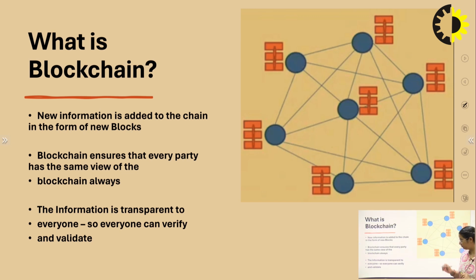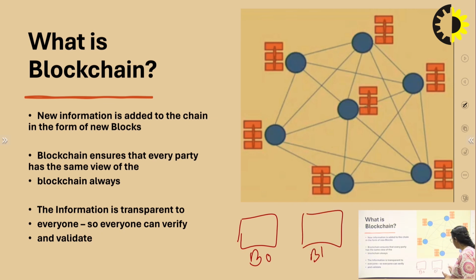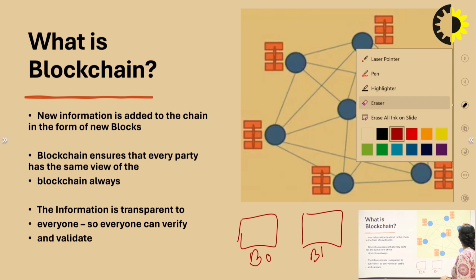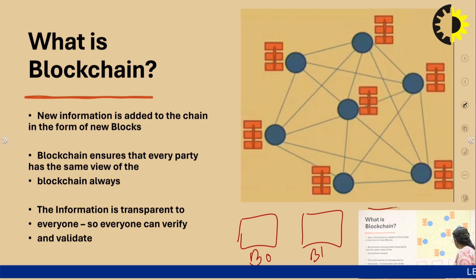For example, this is the starting block, then this is block 1, and then block 2. And with the help of a chain these are attached. That's why we say this is a blockchain.